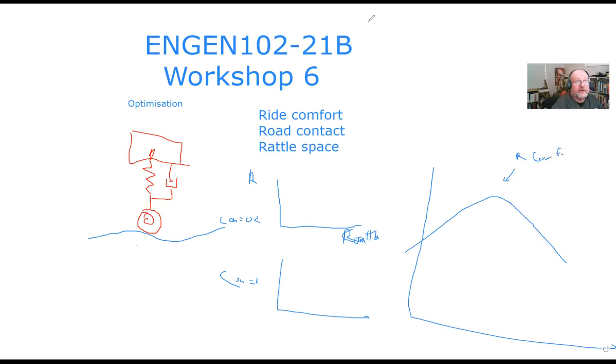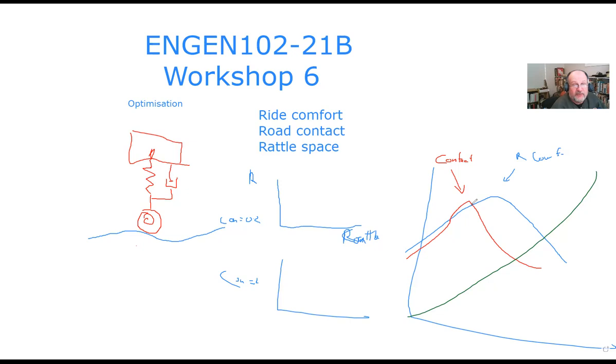You might draw another graph in here, this would be contact, and we'll draw a third line in here, this will be rattle space. And you'll notice it's hard to pull out an individual one.